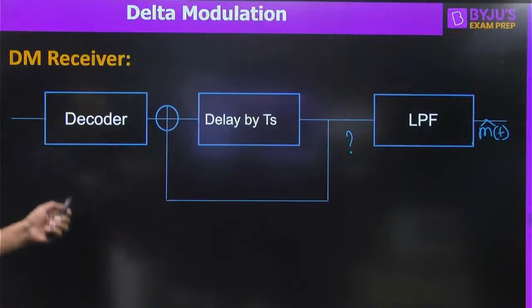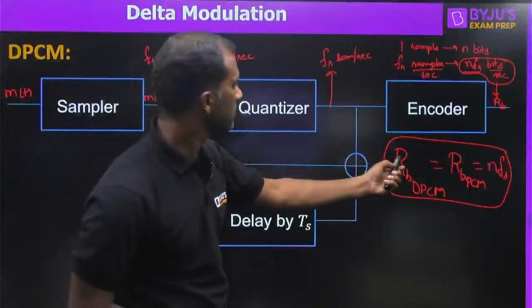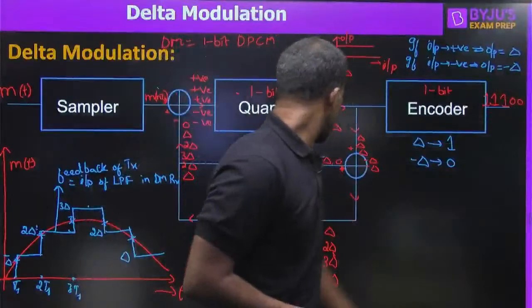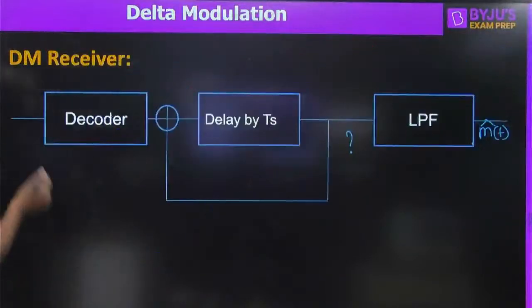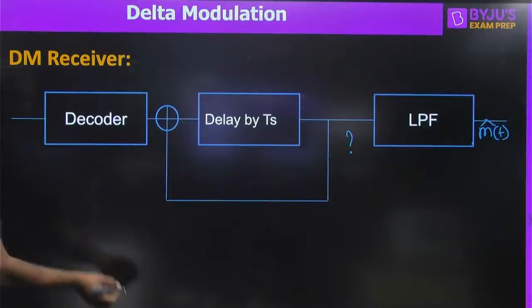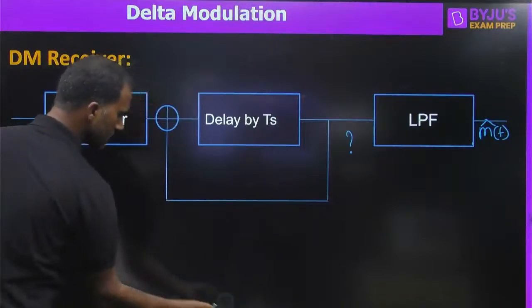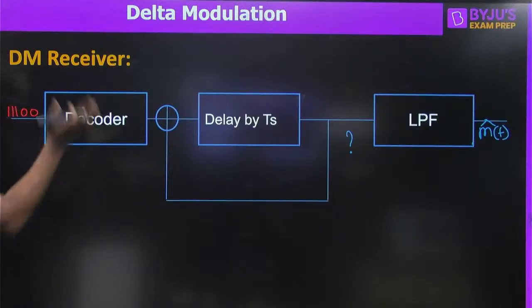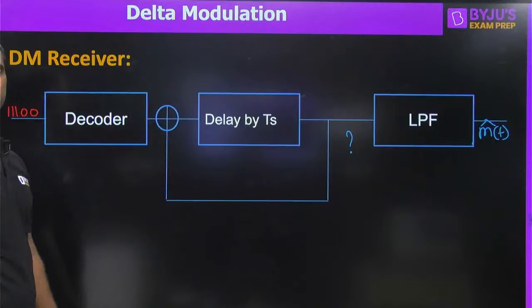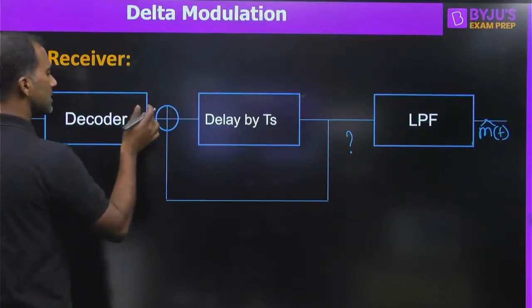So what did we transmit? We transmitted 3 ones and 2 zeros. Let's say we have received the same 3 ones and 2 zeros. And what does the decoder do?